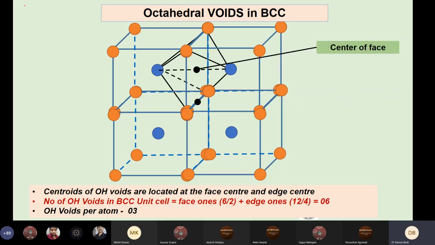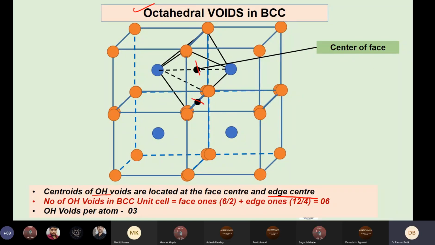The second kind of voids available in the BCC structure are octahedral voids, and they are located at the center of each face. So you have the center of each face where you find the octahedral voids located, and at the edge centers also.